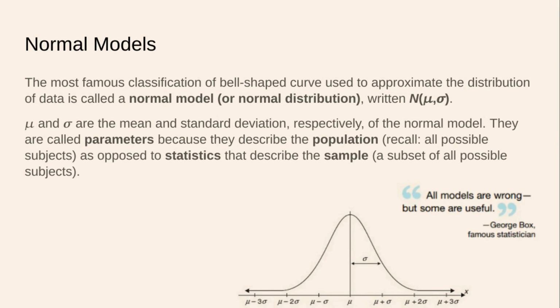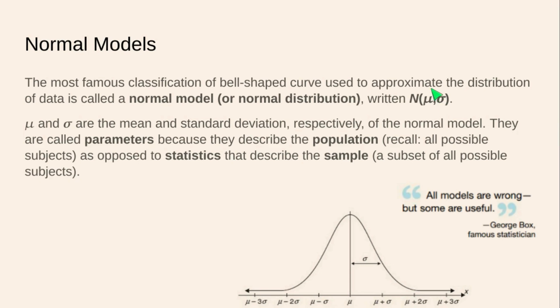They are called parameters because they describe a population, right? That goes back all the way to Chapter 1. Parameters describe a population, all right? Population is all possible subjects that we could study, as opposed to statistics that describe a sample, that is a subset of all possible subjects, okay?